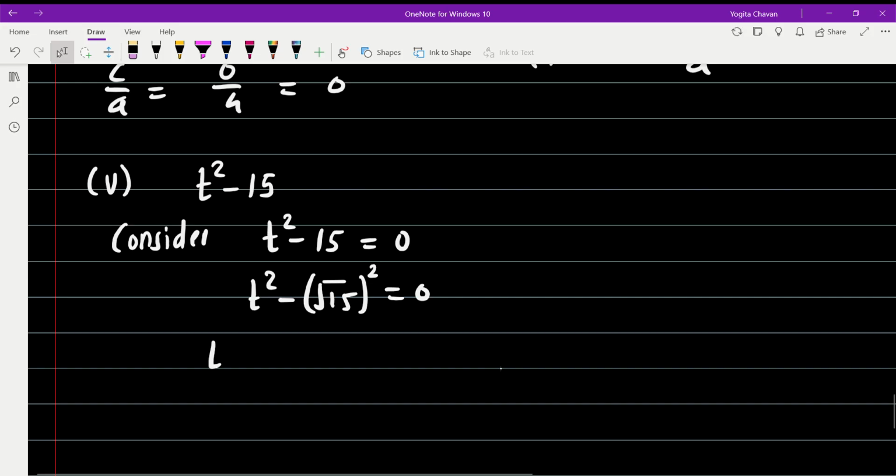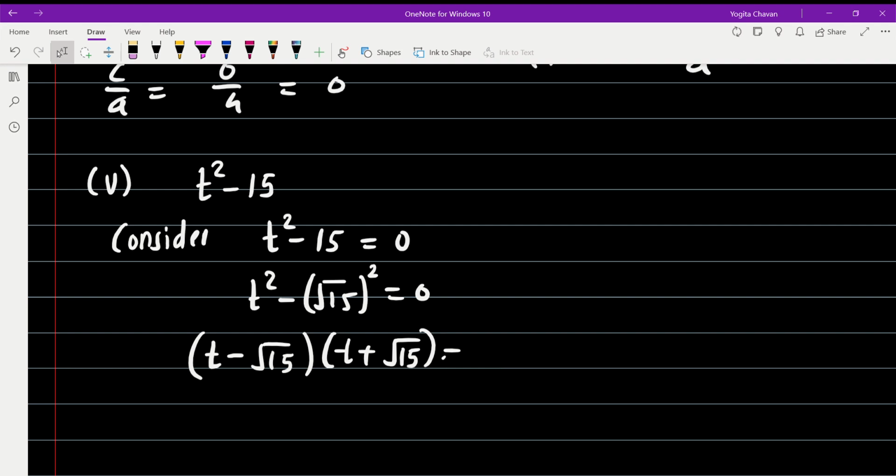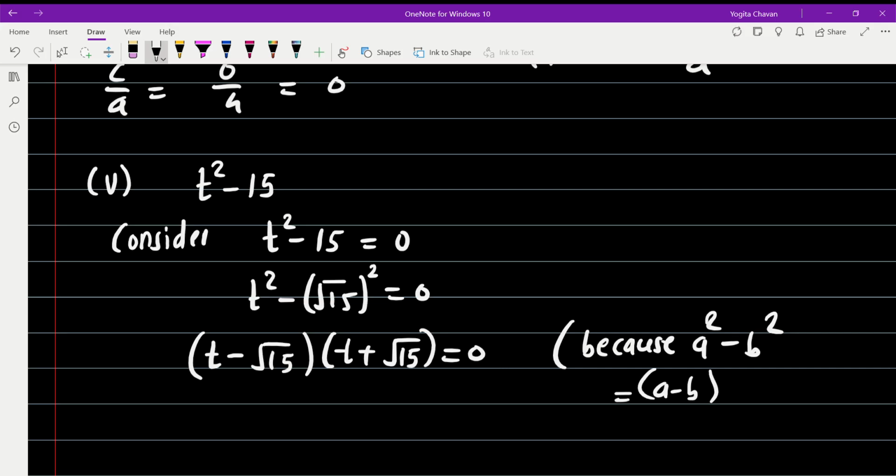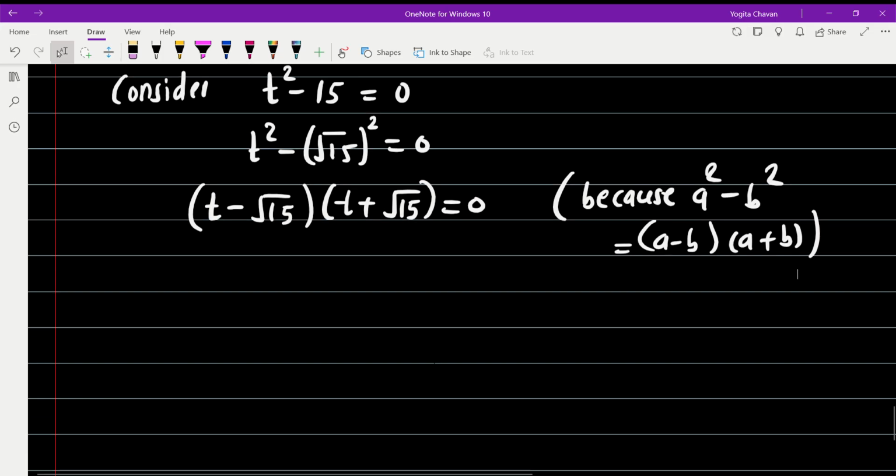Now this is same as t minus root 15 into t plus root 15 is equal to 0. Now why is this? Because we know that a square minus b square is equal to a minus b into a plus b. So using this formula we get t minus square root of 15 into t plus square root of 15.